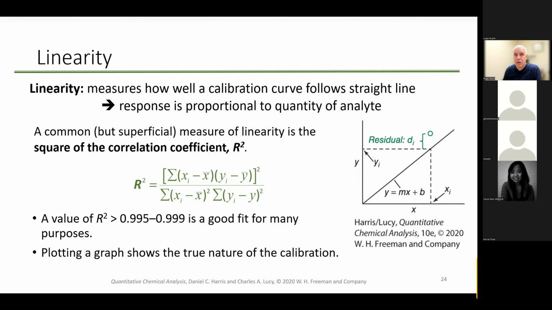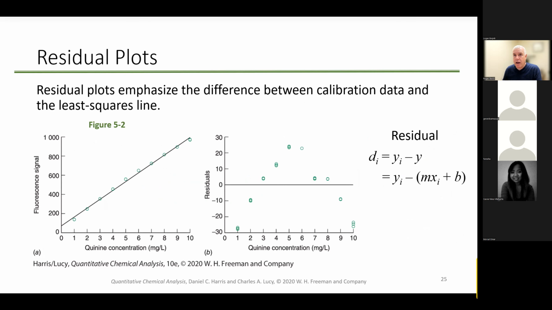I think a much better way is to examine the residual to your plot. Here, for example, this is the data from a fluorescence assay for quinine, where you have, sorry, I'm pointing to something you guys can't see here, a fluorescence signal versus quinine concentration.